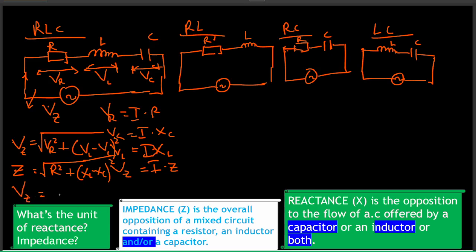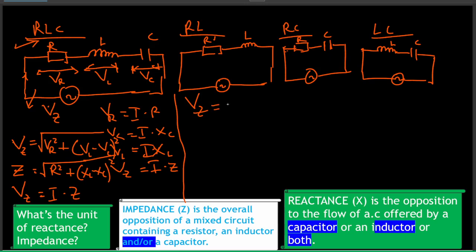Now remember that Ohm's law still applies here: VZ is equal to current times the overall opposition to the flow of current. So just note these 3 formulas with respect to this first circuit. When we come to here, we just modify what we already have. So this one will also be VZ, since we are dealing with impedance.